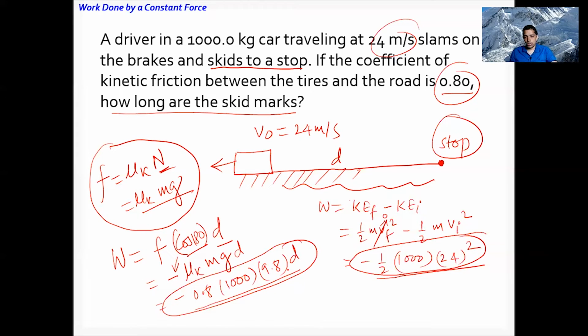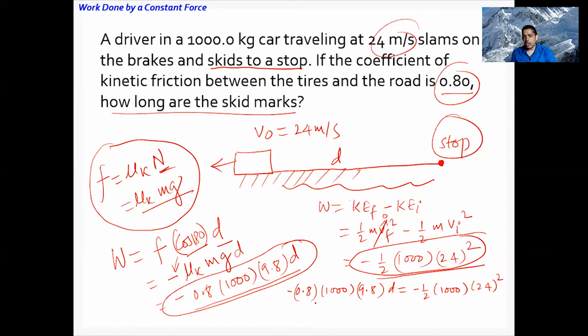Okay, let's do that. Minus 0.8 times 1000 times 9.8 times D must be equal to minus 1/2 times 1000 times 24 squared.